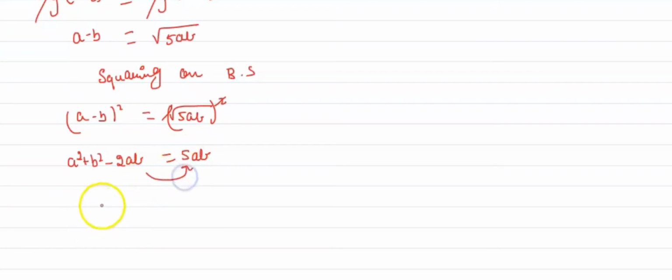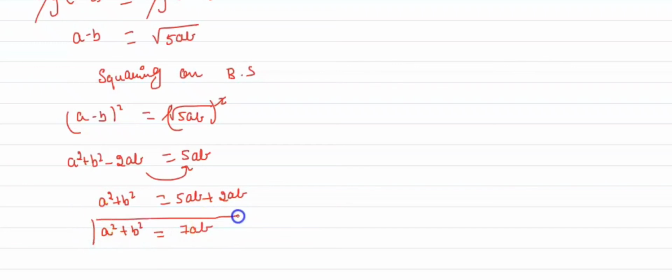Shift it to the right hand side. So a square plus b square will be equal to 5ab plus 2ab, which is 7ab. Okay, hope you understood. This is hence proved.